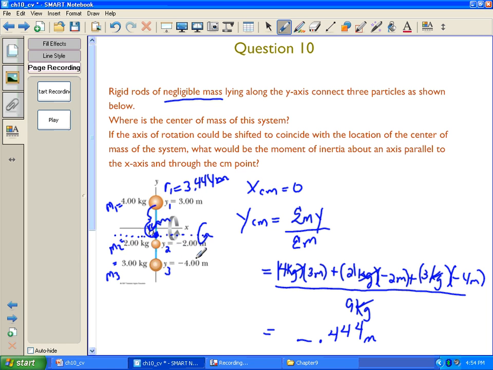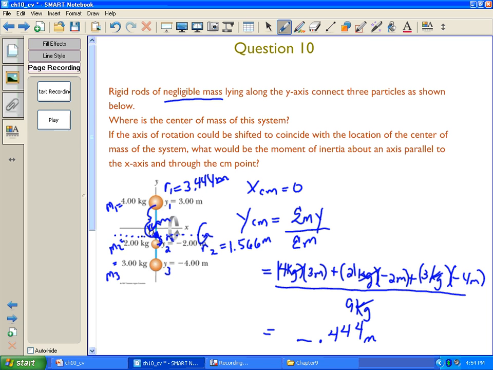And R2 is 2 meters minus that distance, so R2 is 2 minus 0.444, which is 1.556 meters.